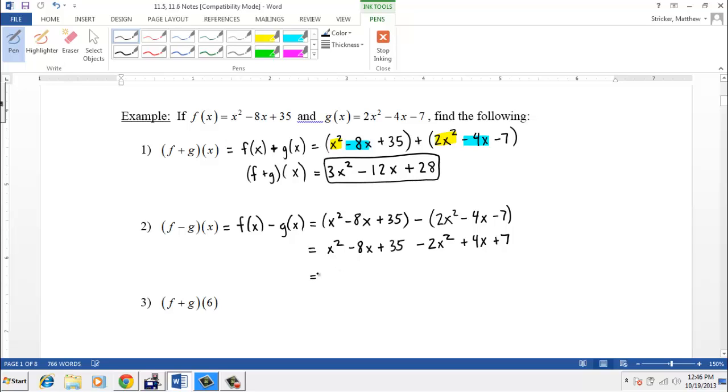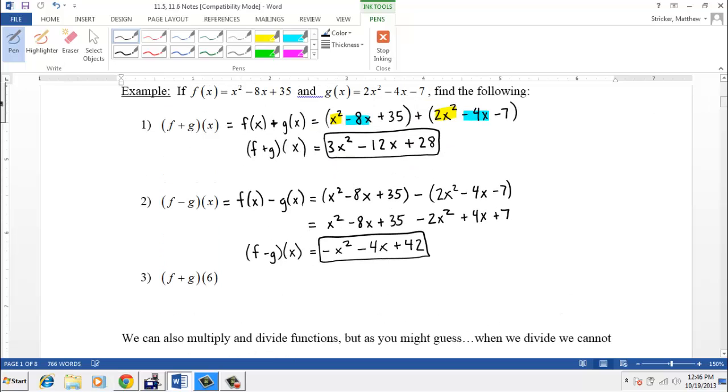And again, if we combine like terms, we now have 1 minus 2 is negative 1 x squared. Negative 8x plus 4 is negative 4x. And then plus 35 plus 7 is a plus 42. So f minus g of x is negative x squared minus 4x plus 42.